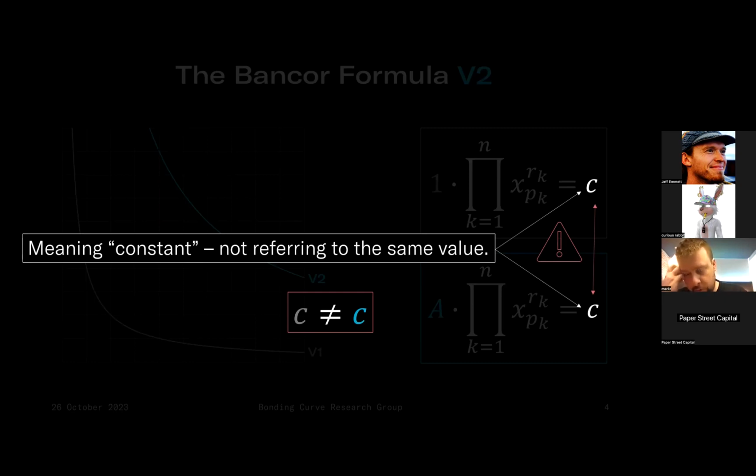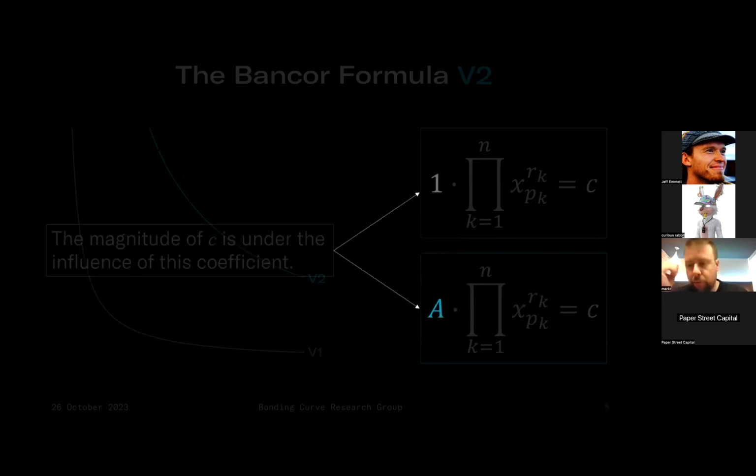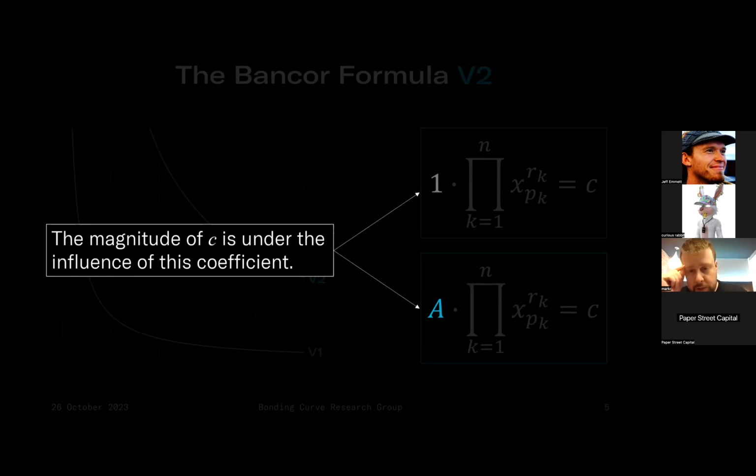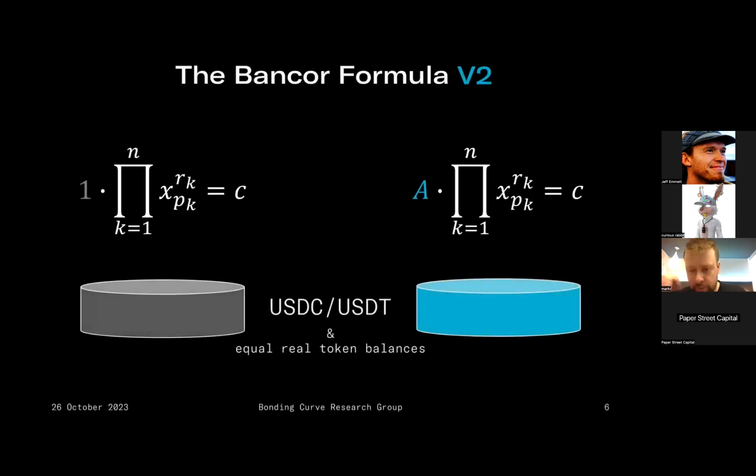This is where I want to come back and change the way these formulas are presented, because it isn't apparent that the C value is under the influence of this coefficient, and it even suggests, unhelpfully, that these two numbers might be the same.